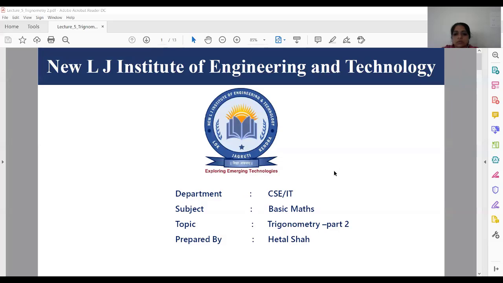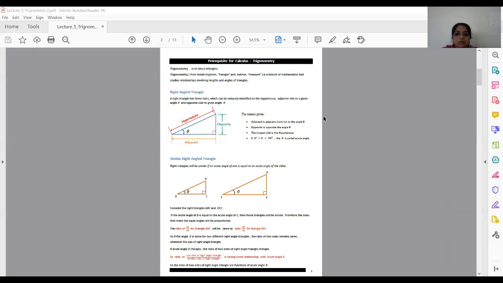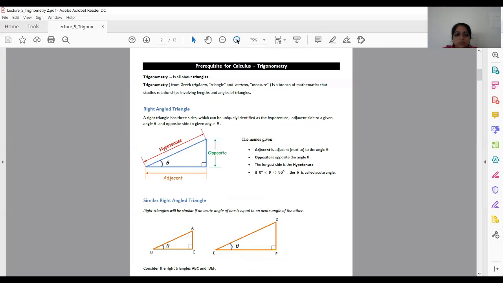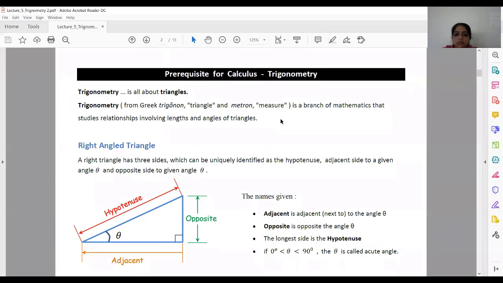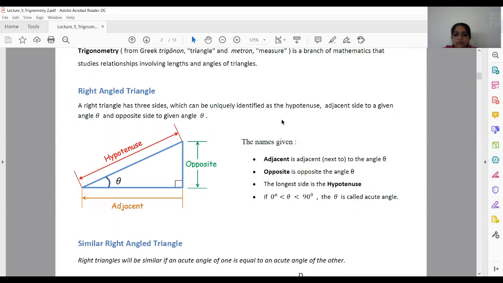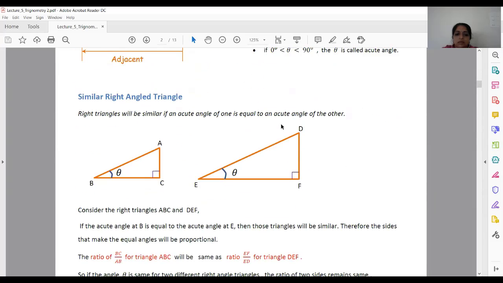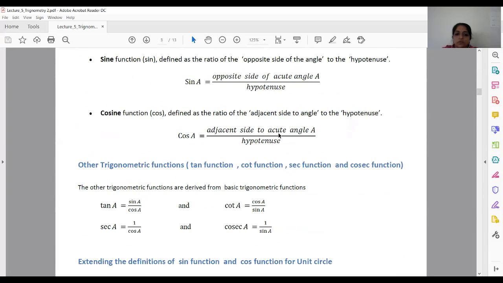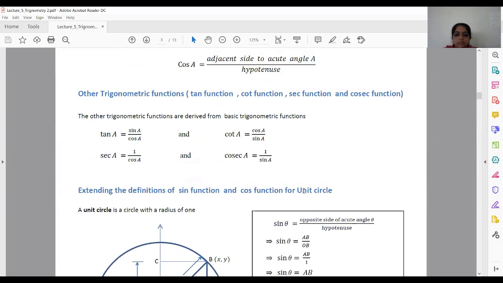Before going to trigonometry part 2, let's recall yesterday's lecture. Yesterday we started with the right angle triangle, then we went to the functions of the basic and the other trigonometric functions.